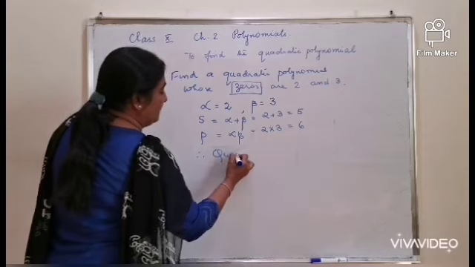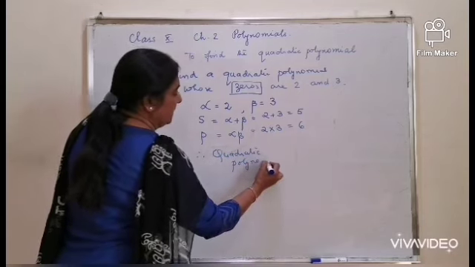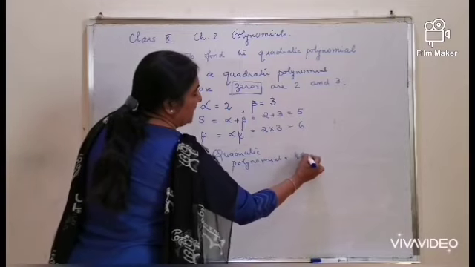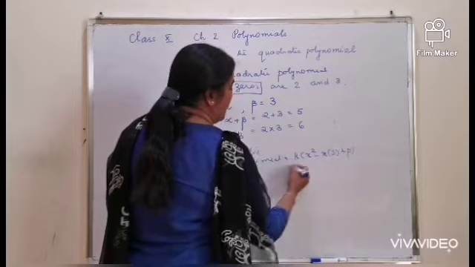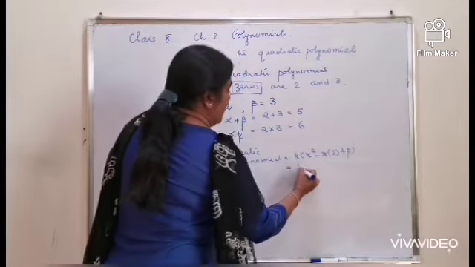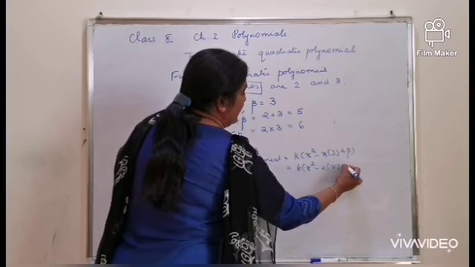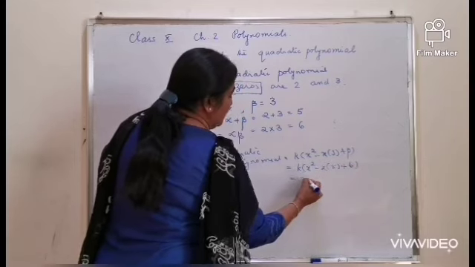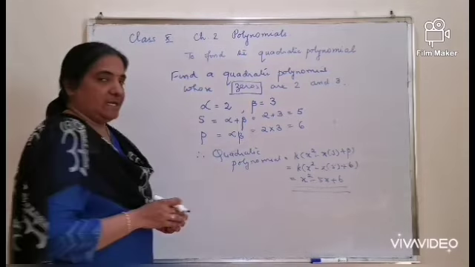Therefore, the quadratic polynomial is of the form k into x square minus x into sum plus product, or k into x square minus 5x plus 6. It is the same as x square minus 5x plus 6.